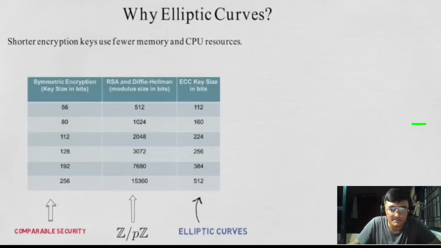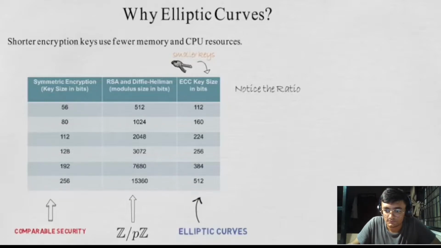As we can see, the key size of elliptical curves is significantly reduced, and here it shows the security number. The higher the security number, the more the security of the key encryption increases.